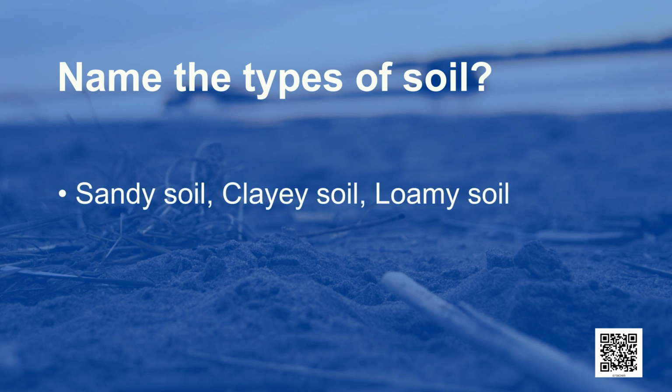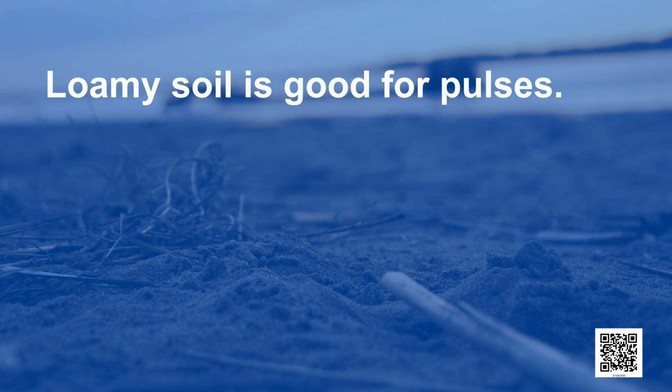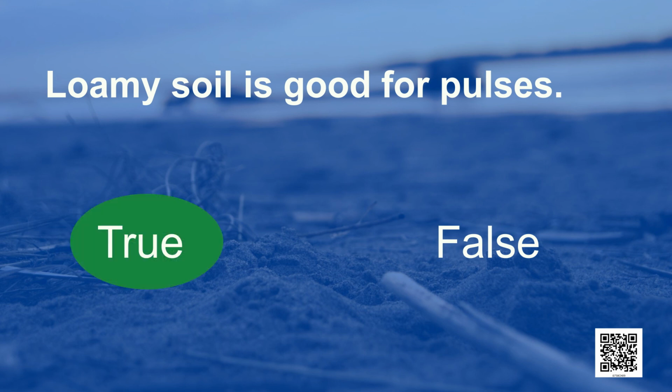Sandy soil, clayey soil, and loamy soil. Question number 2. Loamy soil is good for pulses. Is that statement true or false? Yes, it is true. Loamy soil is good for pulses.